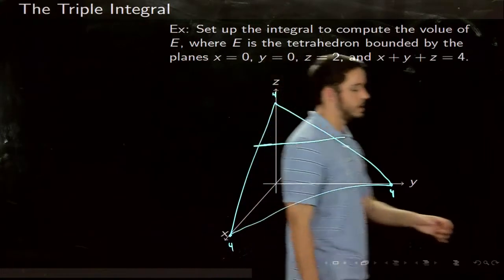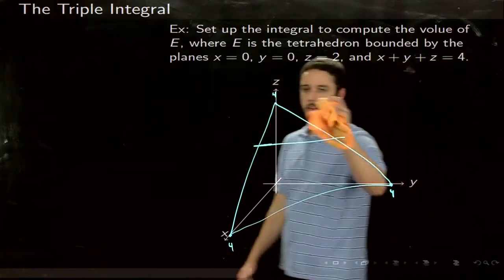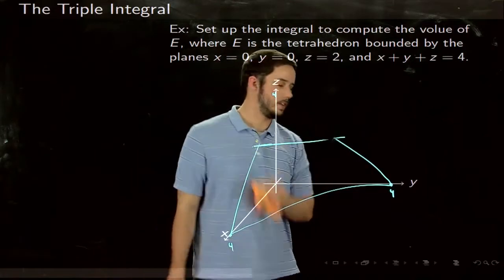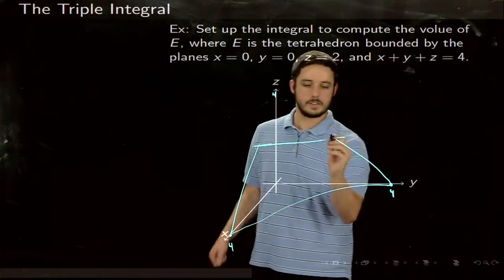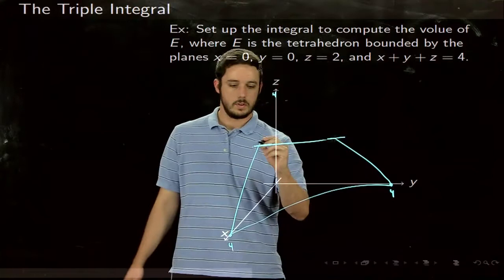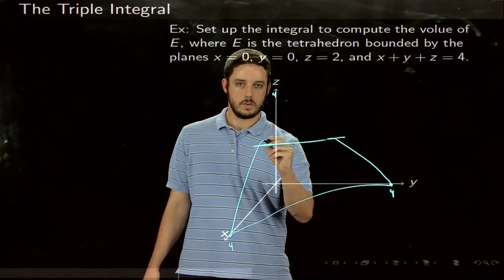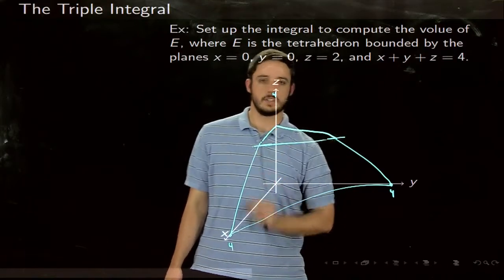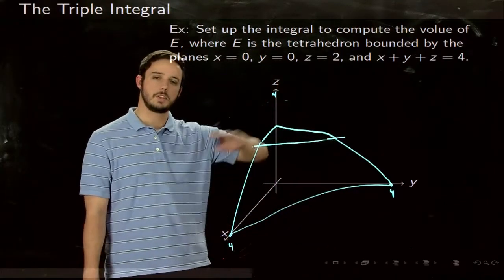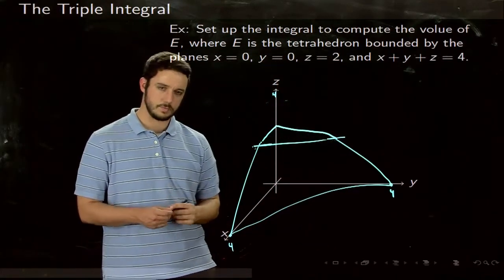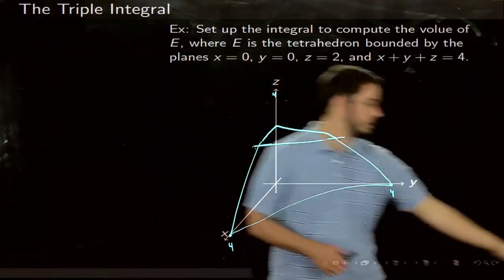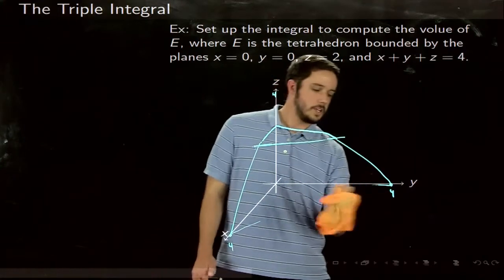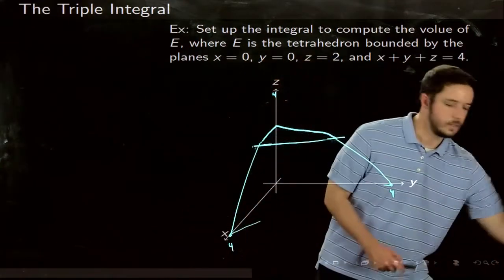We're going to cut off this top half of the tetrahedron, since we're bounding it at z equals 2. And so it'll look something like this. It's like a tetrahedron with the top cut off. Let me redraw this line a little straighter.